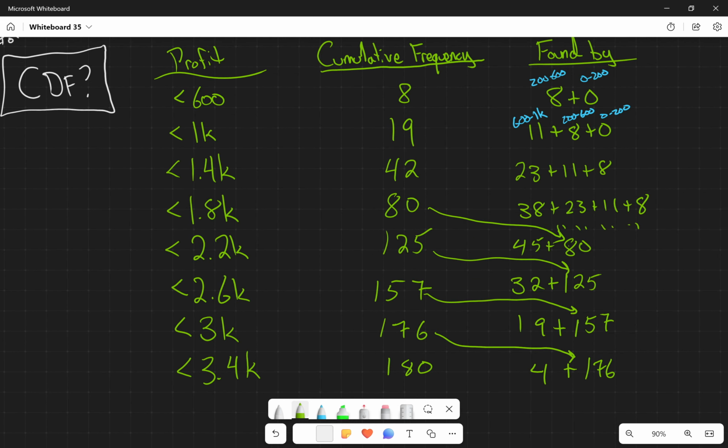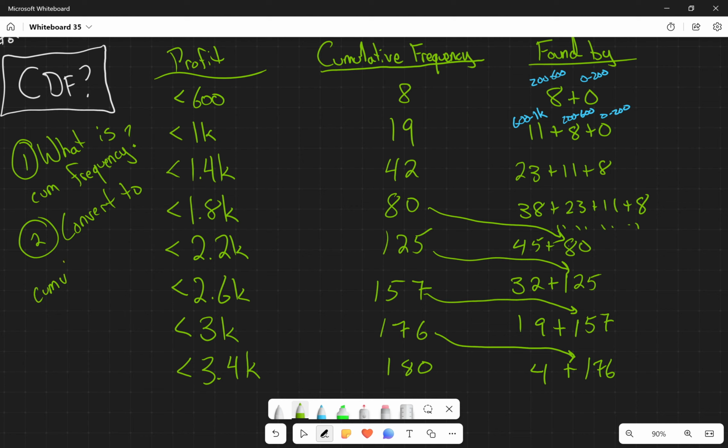So, step 2, so this was step 1, what is the cumulative frequency? Step 2 is convert to cumulative relative frequency.